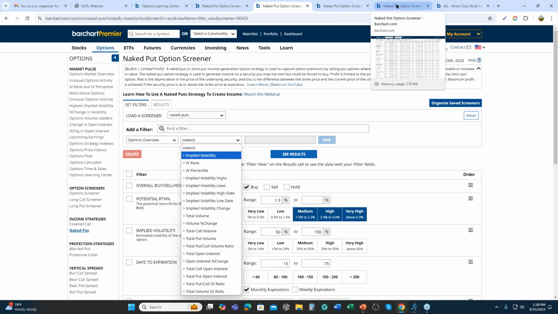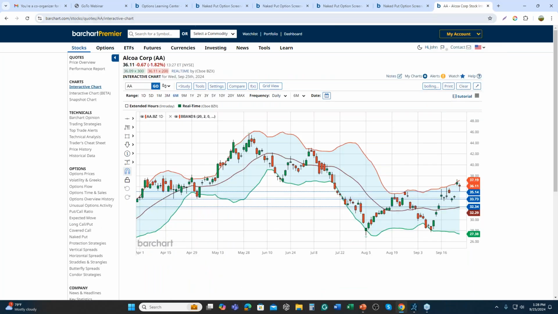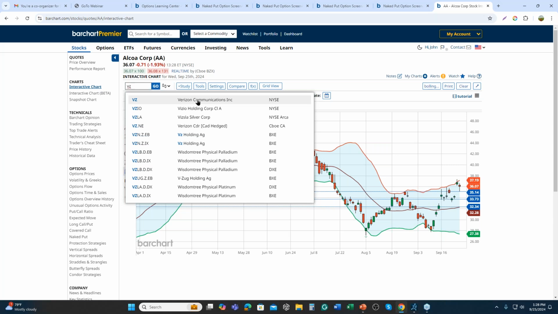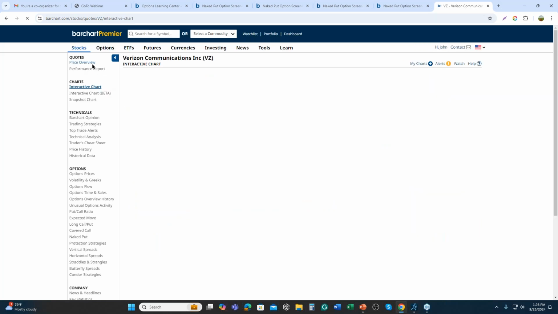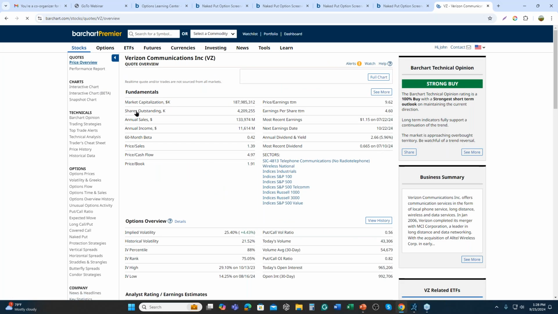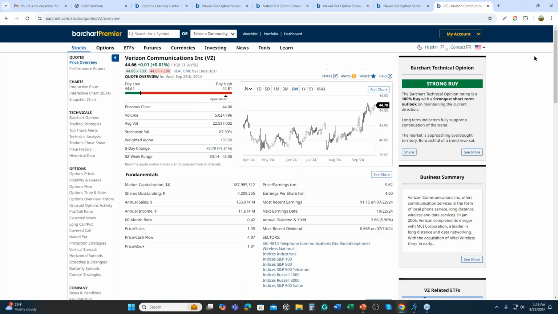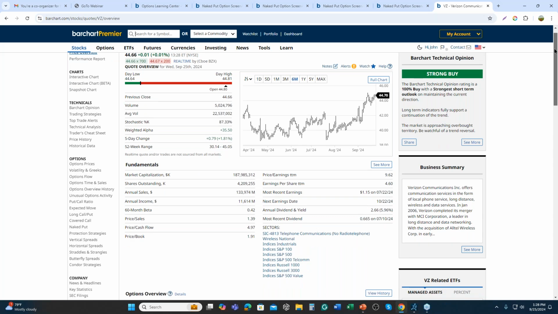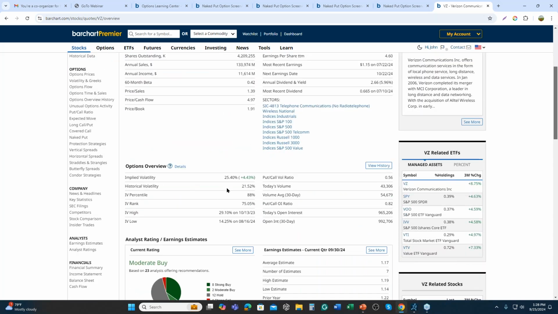But let's go to an example here, and I'm not going to use AA, I'm going to use Verizon. Now Verizon did hop up on the naked put web screener a few times over the last week, and that was because the implied volatility had gotten high.